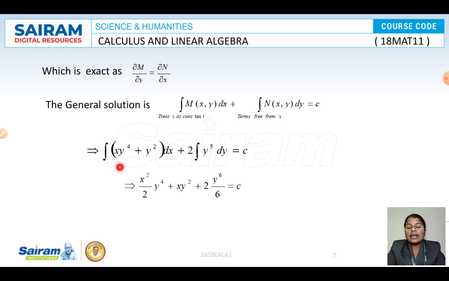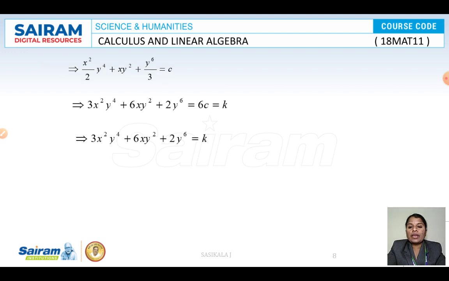So I have the integral of (xy power 4 plus y squared) dx plus 2 into the integral of y power 5 dy is equal to c. So integrating: x squared into y power 4 by 2, because integration is with respect to x, plus xy squared plus 2 into y power 6 by 6 is equal to c. So this is your required general solution of the given equation.